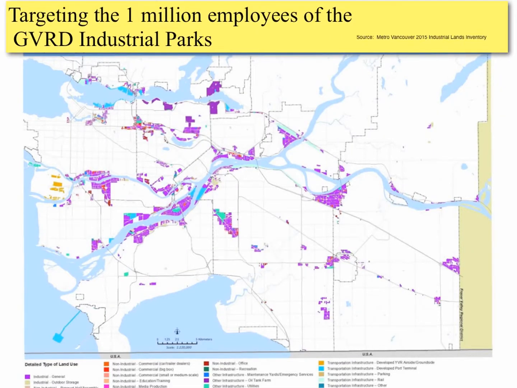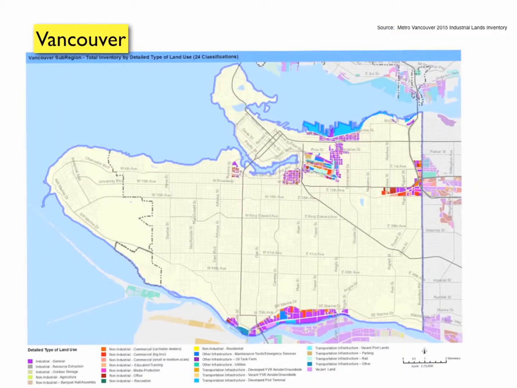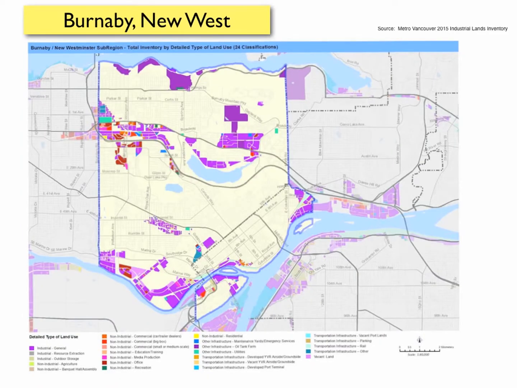The distributorship of this would be targeting the 1 million employees of the GVRD industrial parks. Here's a map of the total area. It covers Vancouver, Burnaby, New Westminster. As you can see, the areas in purple are the industrial parks.